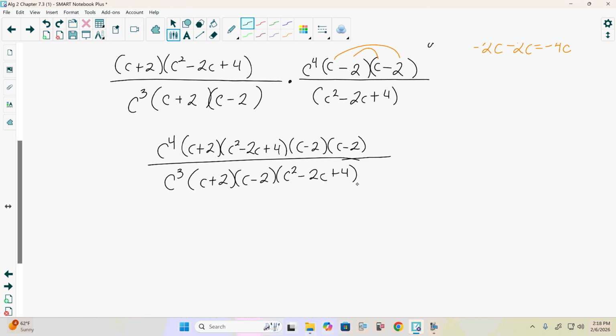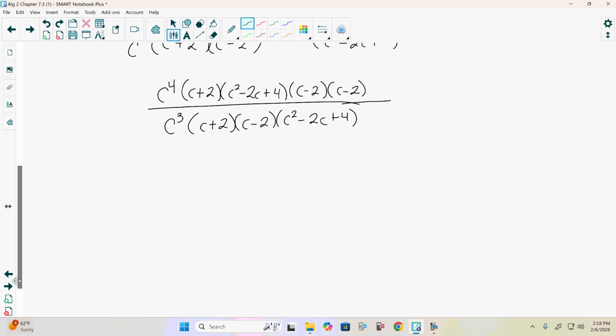Now we just need to simplify, yes? As we already pointed out, c squared minus 2c plus 4 is going to be in common on top and bottom. Those are going to cancel out. What else do we have in common? C plus 2 and c plus 2.